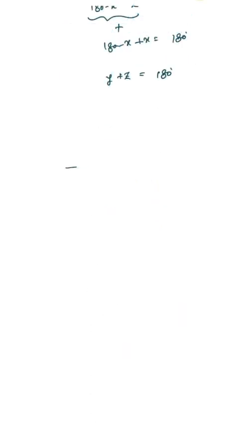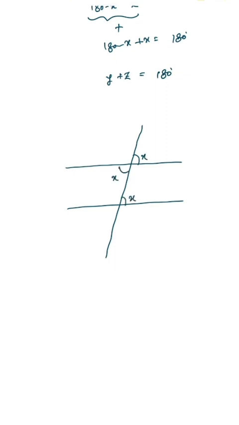Here we have a set of parallel lines and a transversal line. If this angle is X, then this angle will also be X, and this will also be X. Let's say this angle is Y, so X plus Y will be equal to 180.